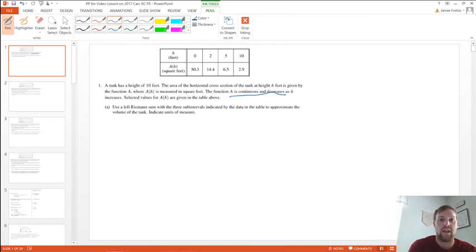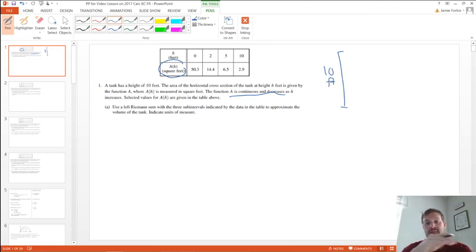A of h is the horizontal cross section of this tank as the height's increasing. I try to draw this out so I can have a visual of what's going on. We've got this tank, and it's 10 feet tall. If I take a horizontal cross section at 0, 2, 5, or 10, these are what the areas are going to be.